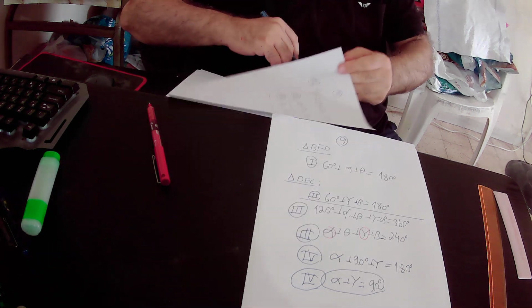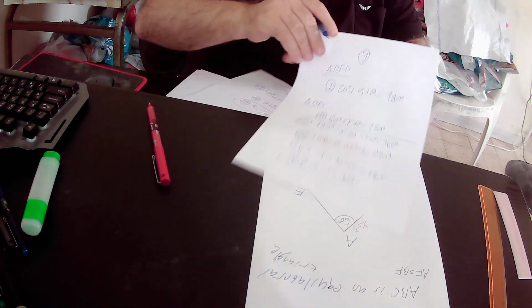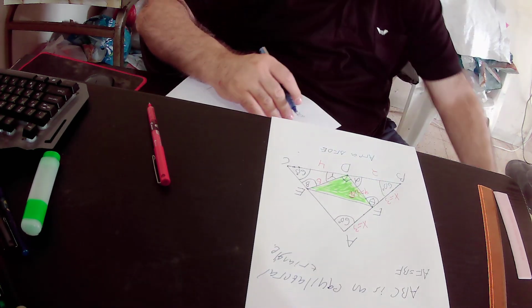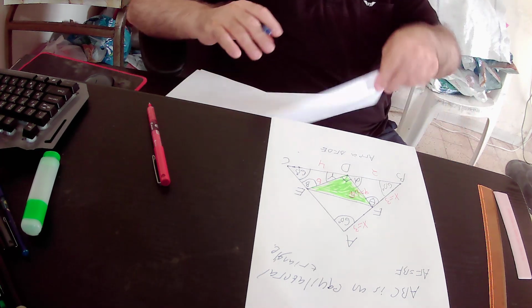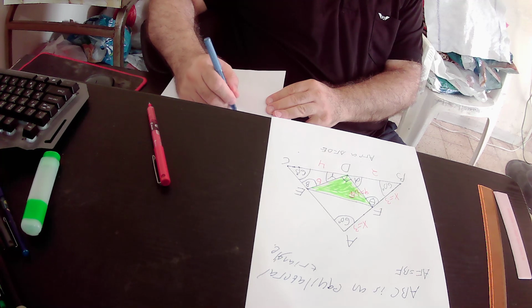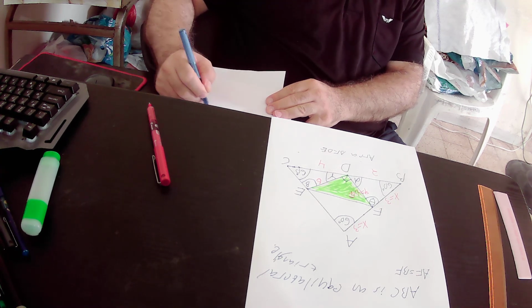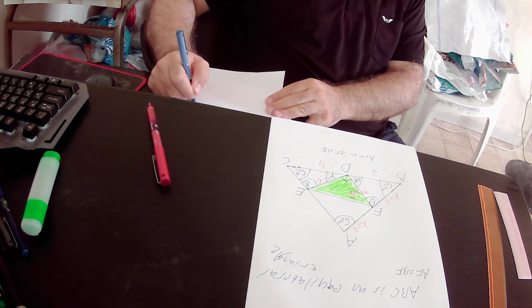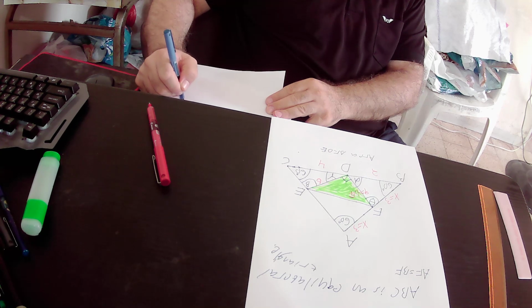Okay, so sine beta will be equal to sine of 150 degrees minus theta.